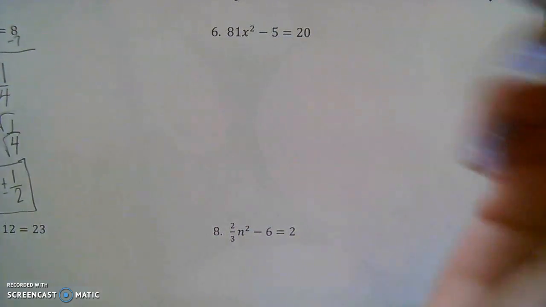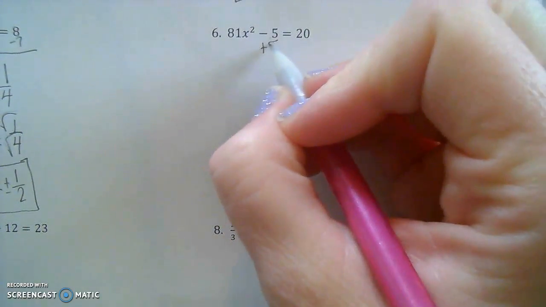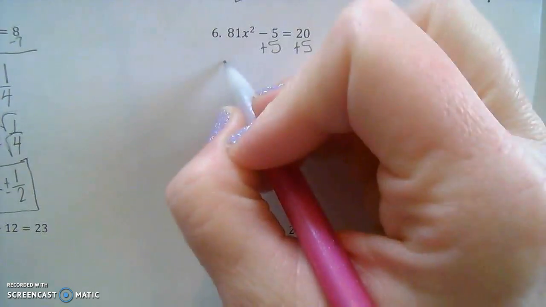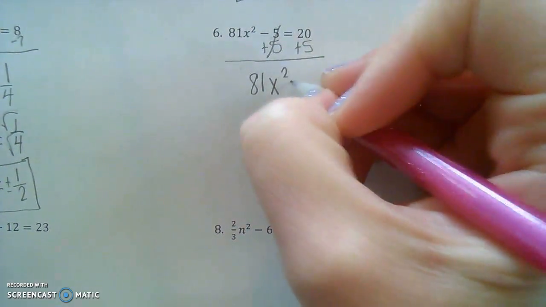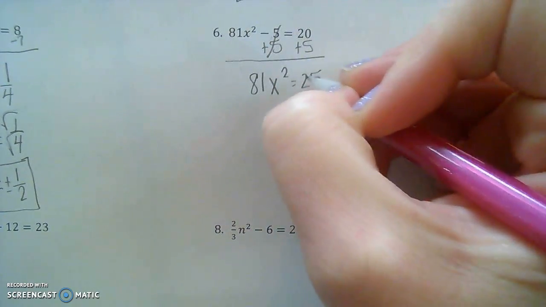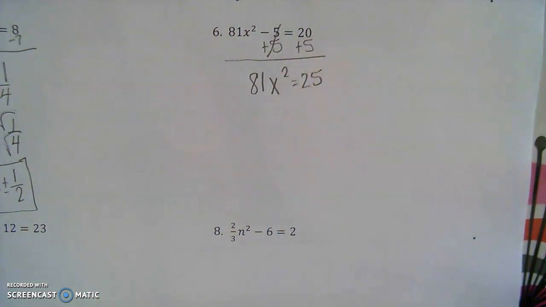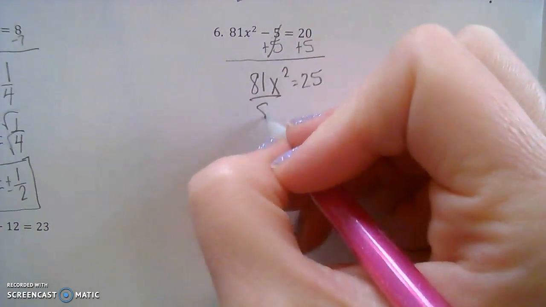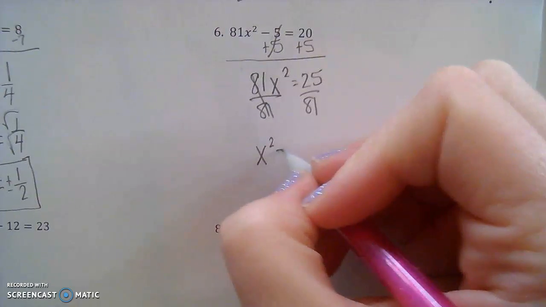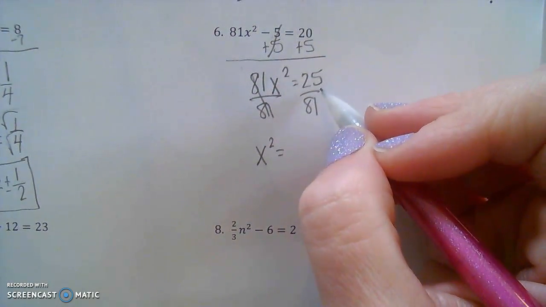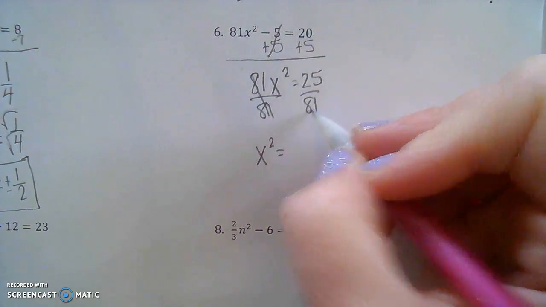Number 6. First thing we need to get rid of is the 5, so add 5 to both sides. 81x squared equals 25. Divide by 81, divide by 81. X squared equals 25 over 81. You look to see if you can simplify that at all, but nothing goes into 25 and 81.